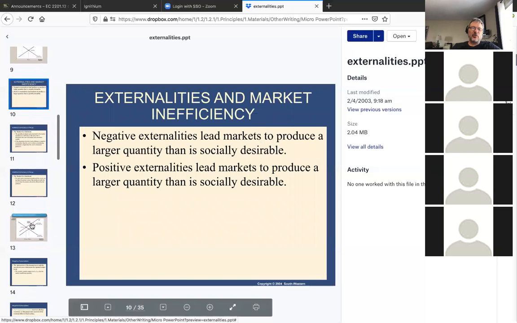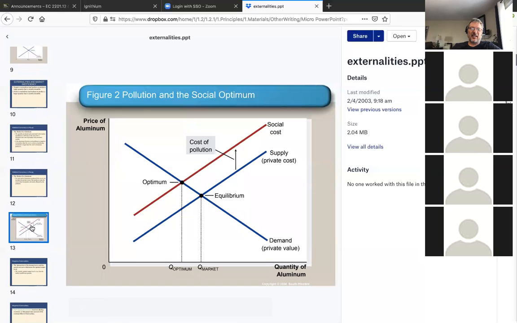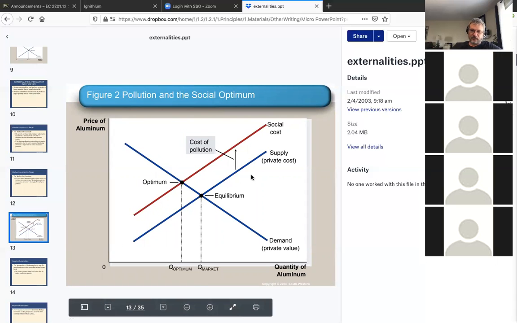I'll skip to the next main slide to show you how to introduce an external cost or benefit into this sort of diagram. So this is the case where you have an external cost. Notice what you do is you add what we'd call the external cost, here labeled as the cost of pollution, to the private cost to get the total social cost.